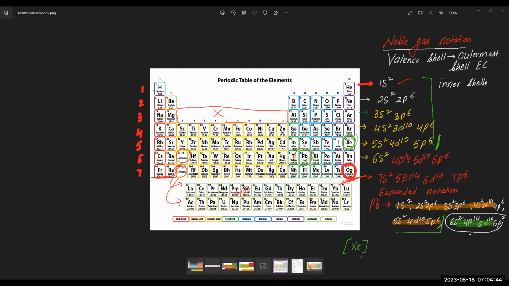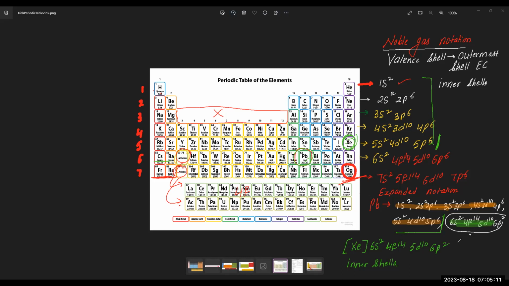This is inner shell, children. These words are very important. And then you come to period number 6. What is this? 6s2. Then 4f14. Then 5d10 and 6p2.